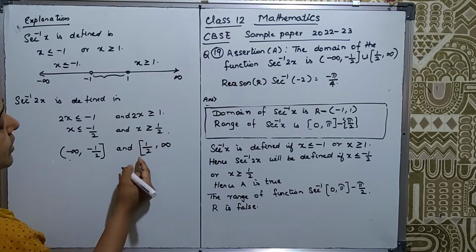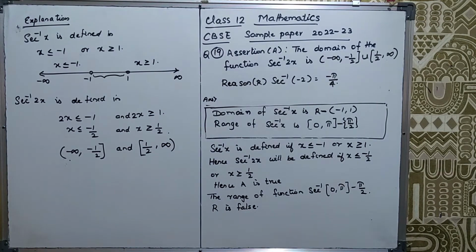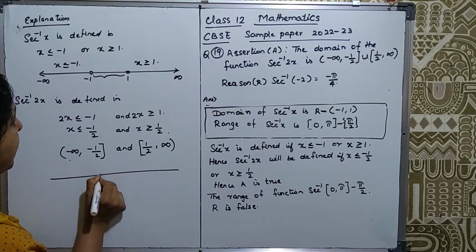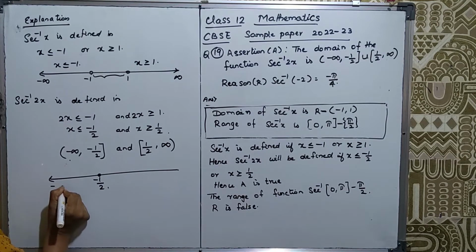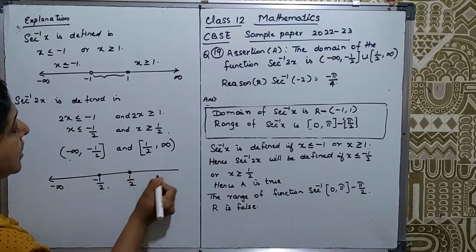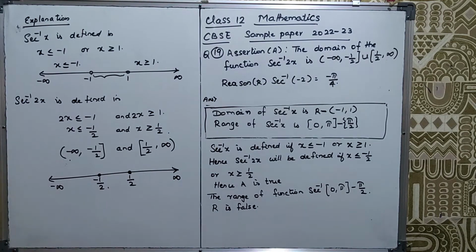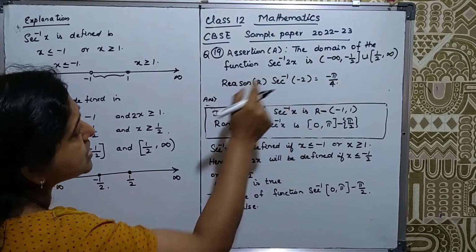Since half was included, we give the closed interval, and infinity every time will be an open interval. On the number line, we represent it with minus half included going to minus infinity, and plus half included going to plus infinity. So sec inverse 2x is defined in the interval minus infinity to minus 1 by 2 and 1 by 2 to infinity. So that one is true.